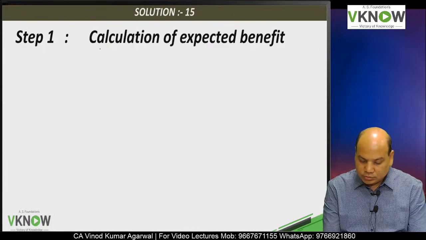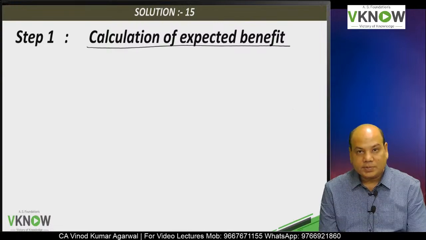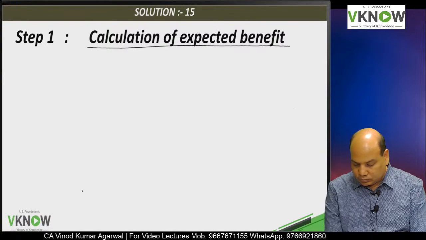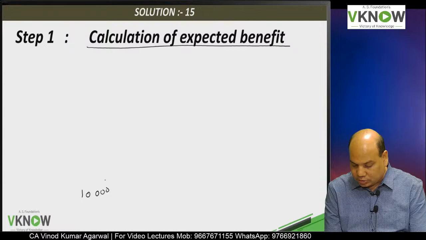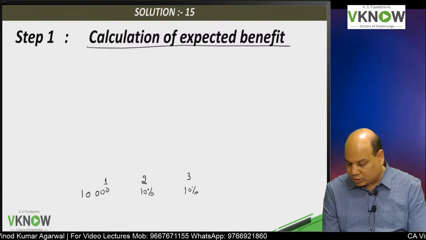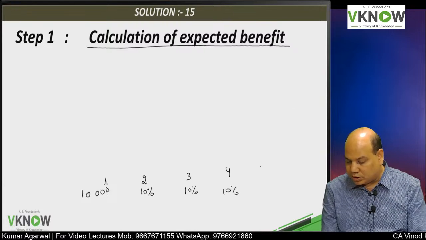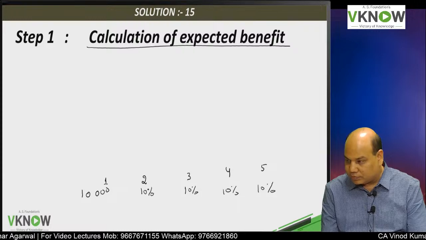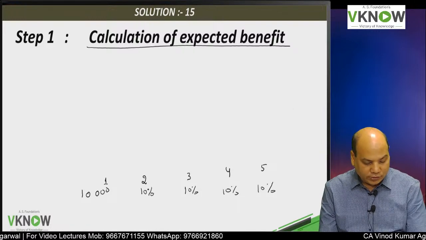So write down step 1, calculation of expected benefit. His salary right now is 10,000. In year 2 it will increase 10%. Year 3 it will increase 10%. Year 4 it will increase 10%. Year 5 it will increase 10%.